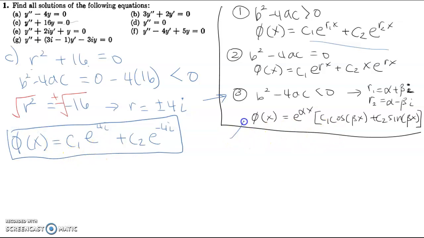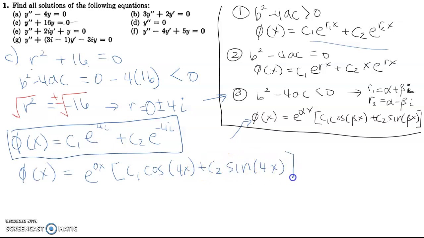We can also practice writing our answer using this format since we are indeed in the third category. By using that, our answer is going to be phi of x equals e to the power of alpha x. Alpha is 0, our real part of this answer is 0, so we have e to the 0x, open parentheses, c1 cosine of our beta, which is 4, 4x, plus c2 sine of 4x.